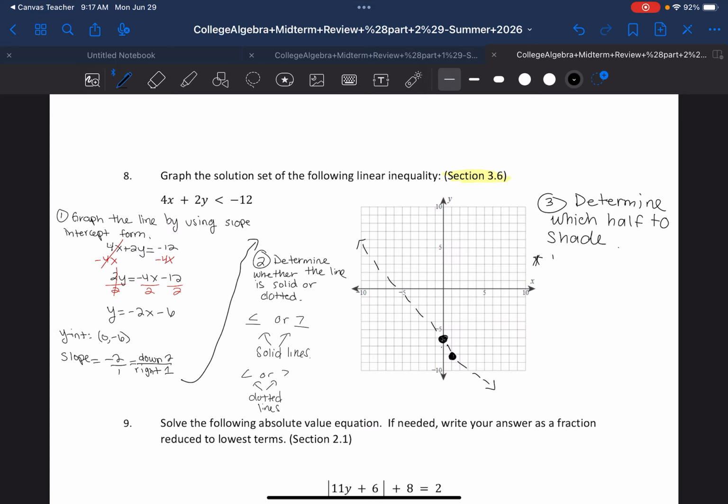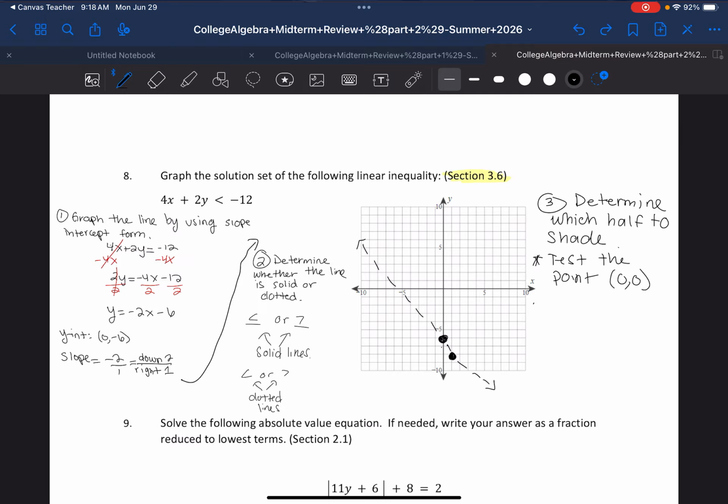So I'm going to test the point. Now I can pick any point, but I'm going to pick 0, 0 here, because 0, 0 is usually an easy point to work with. So my x is 0, my y is 0. So I'm going to plug that into this inequality and see if it's a true statement.